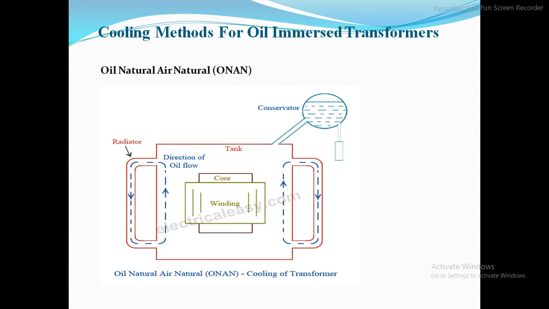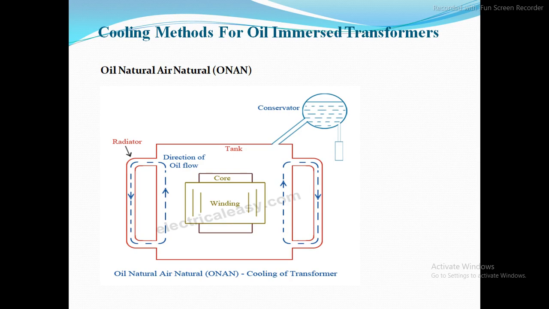Therefore, it is called oil natural, air natural. Also, the tubes of the transformer tank are exposed to the atmosphere, so the cooling of the transformer is done only by this method.